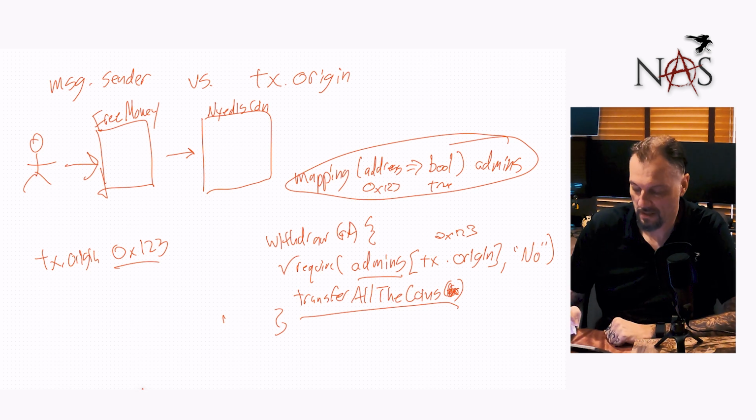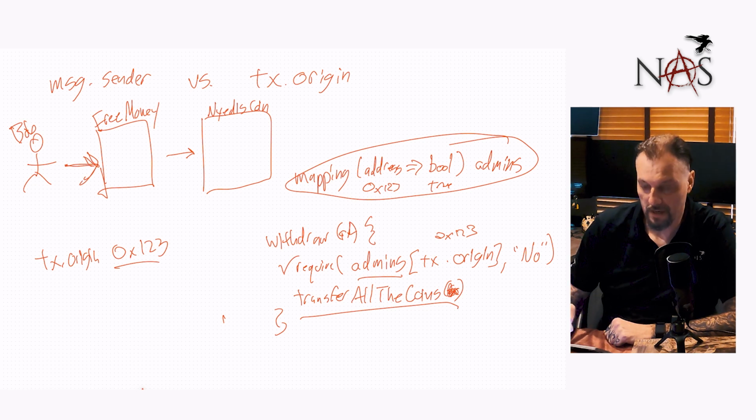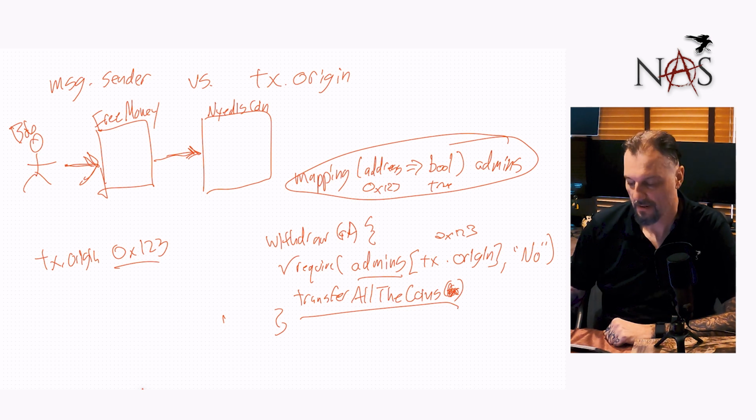And what's really happening is, when Bob calls the Free Money contract, it then calls the Nidus coin contract, and it's calling the withdraw function right here.